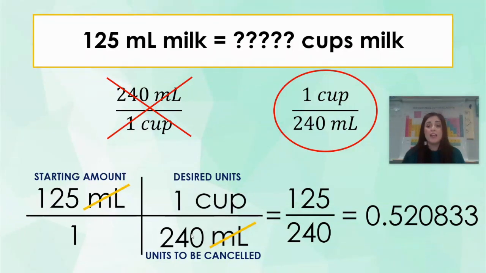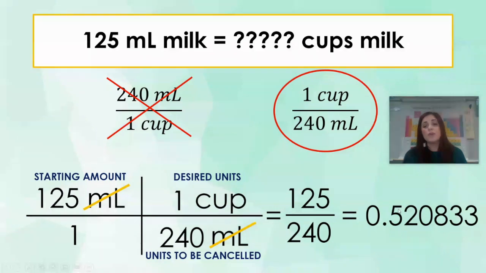So I have 0.520833. Although it's the correct answer, we have to make sure we express our answers to the correct number of significant figures. We are dividing here, so it looks like 125 has 3 significant figures, but this bottom number has 2 significant figures.